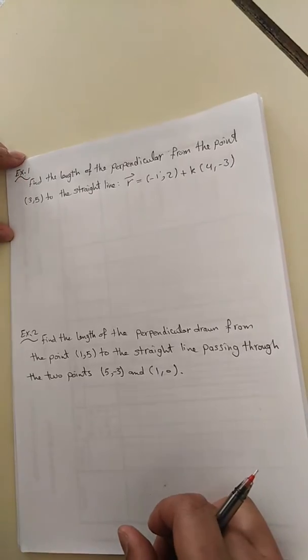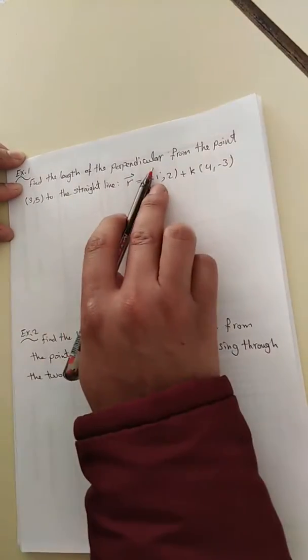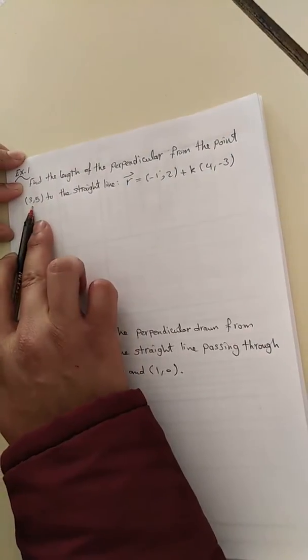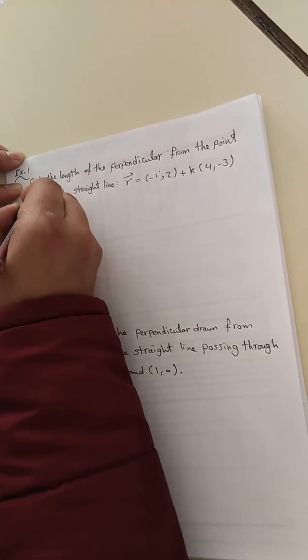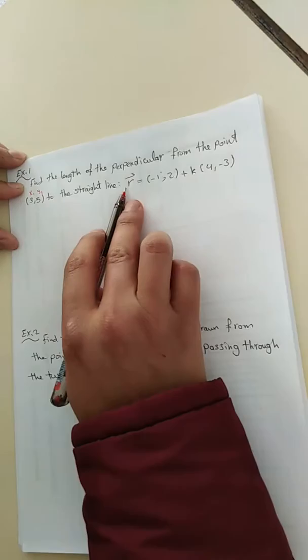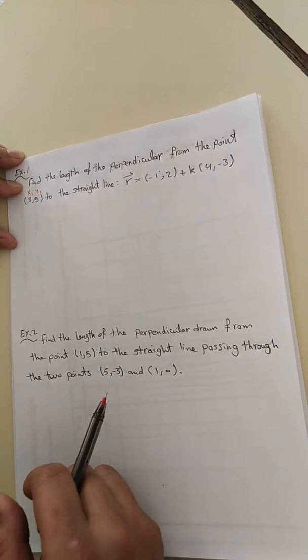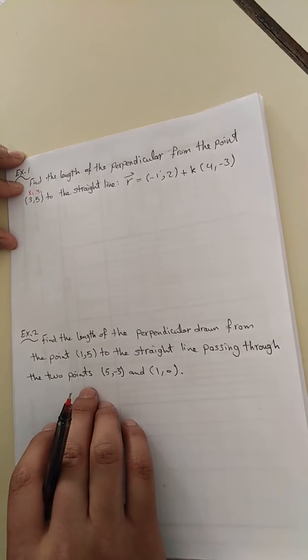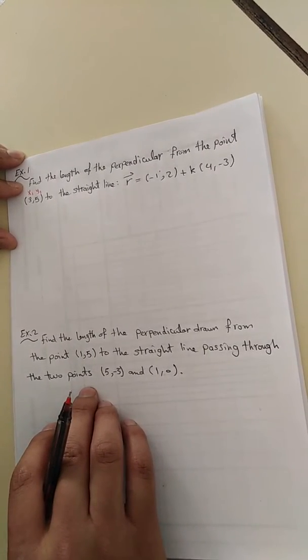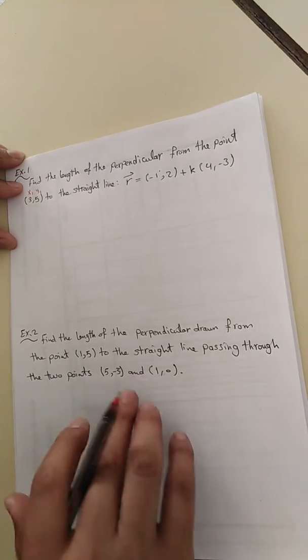Example number 1. Find the length of the perpendicular from the point (x1, y1) to the straight line r equals (-1, 2) plus k times (4, -3). We don't have here the equation of the straight line.